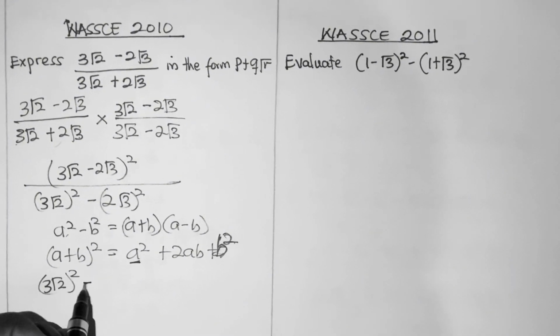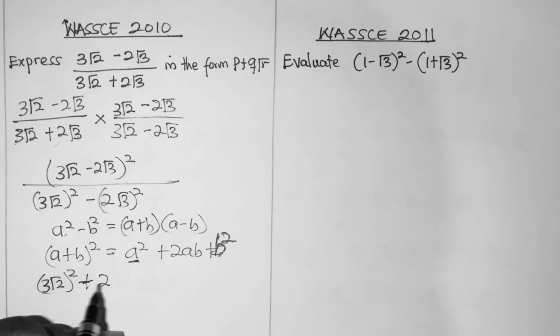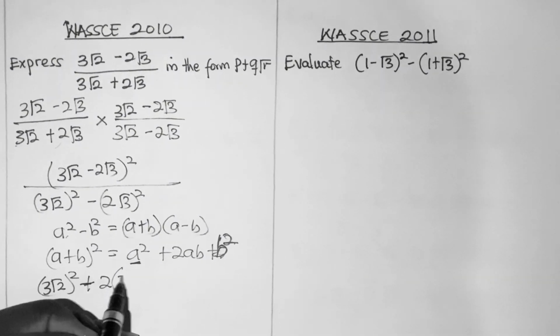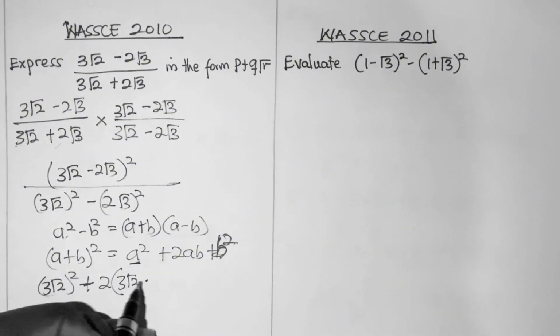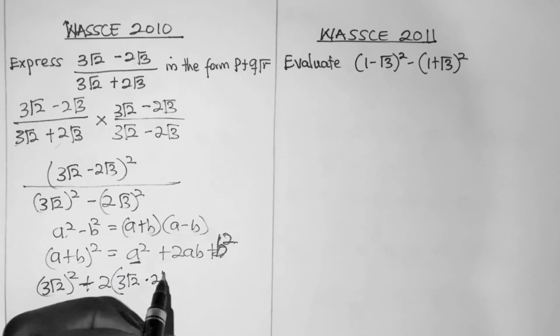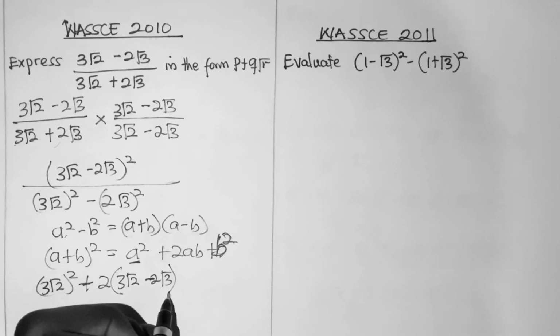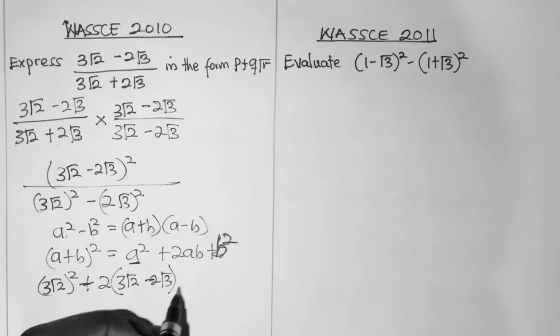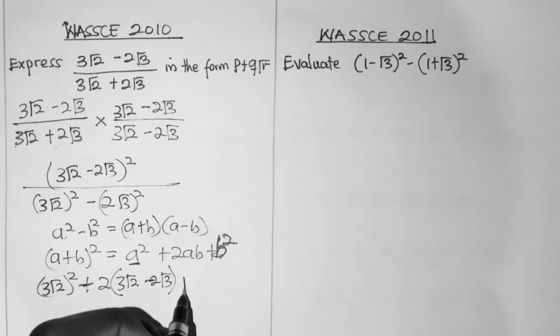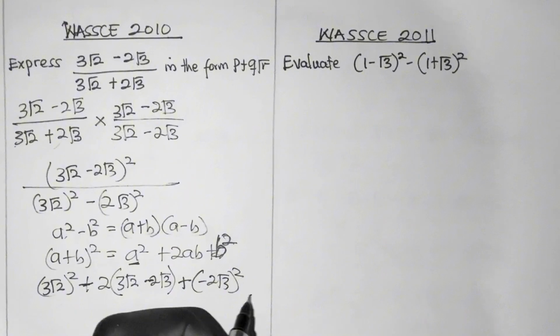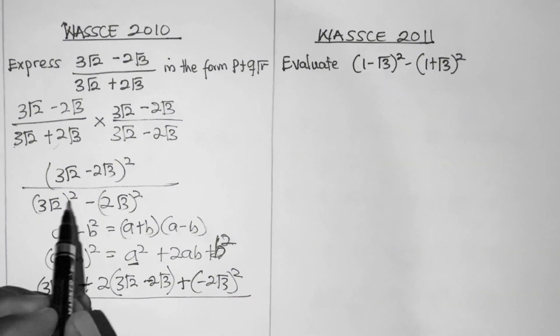Then plus 2 times a, which is 3 root 2, times b, which is minus 2 root 3. Then the last term is b squared, so plus (minus 2 root 3) all squared, divided by the denominator.